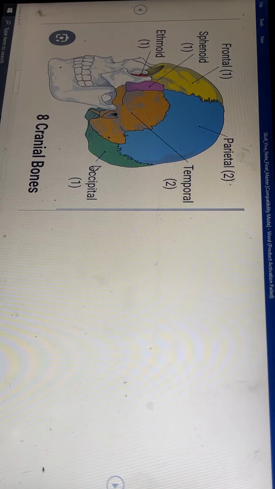I will simplify it, just follow me. We have the sphenoid, the frontal, the parietal, the temporal, the occipital, and the ethmoid. Then we have 14 facial bones. Follow me, I will explain.